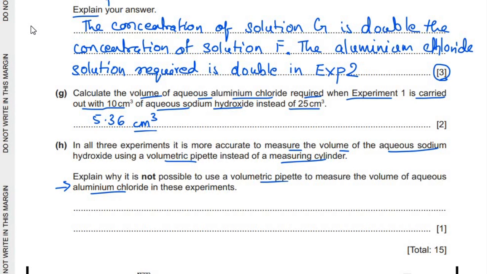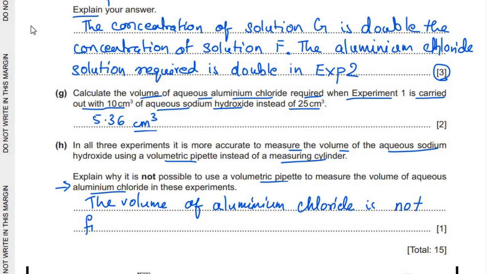So we can write here that the volume of aluminium chloride is not fixed and it is variable, which we are going to measure. So this is how we write the answer for the explanation. And here question 2 ends. Let's go ahead with question 3.